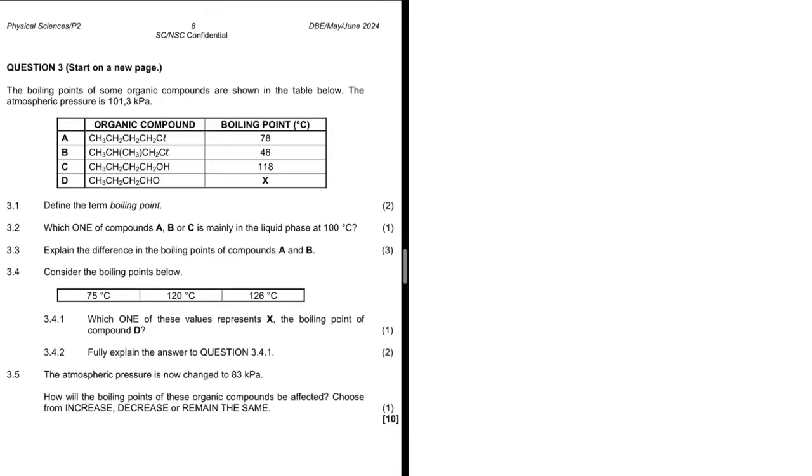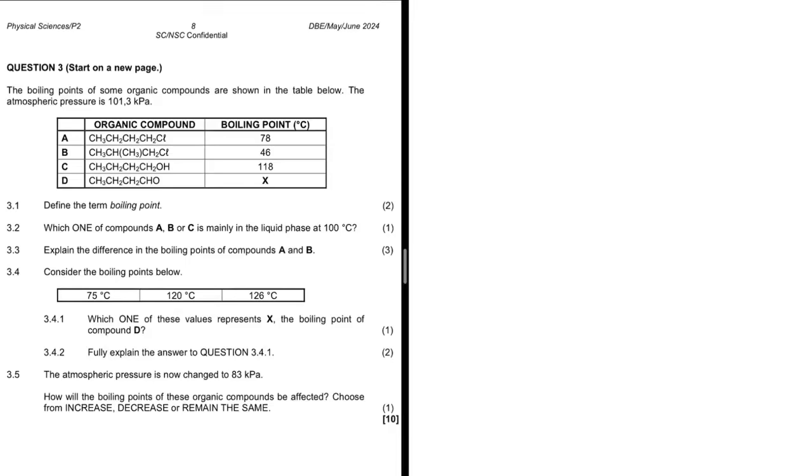So C is the compound that is in the liquid phase at 100 degrees Celsius. If we take a look at A, B, and C. So the answer here to 3.1.2 is C. C is in the liquid phase at 100 degrees Celsius because it has not yet reached its boiling point. Okay, explain the difference in the boiling points of compound A and B. That is for 3 marks.